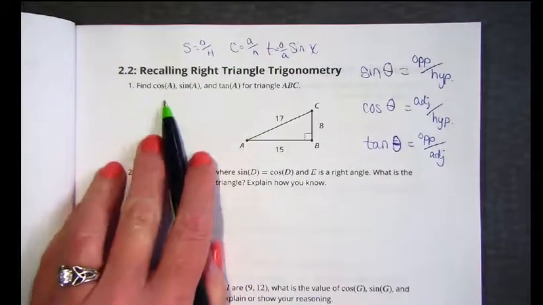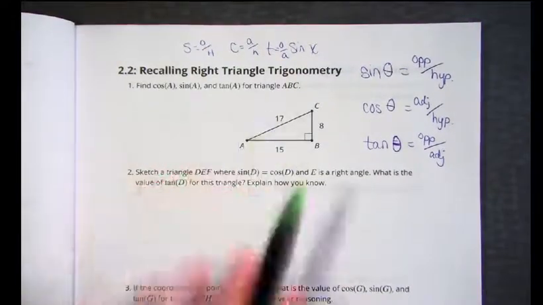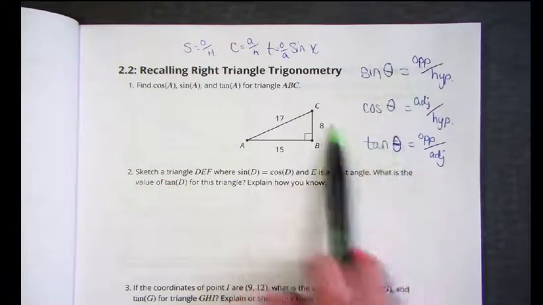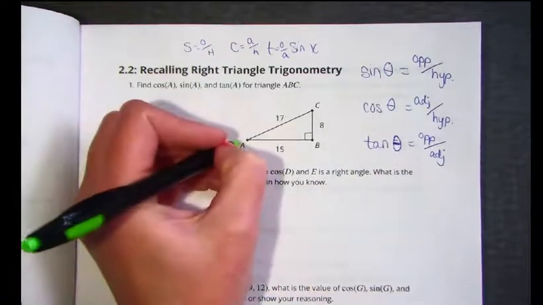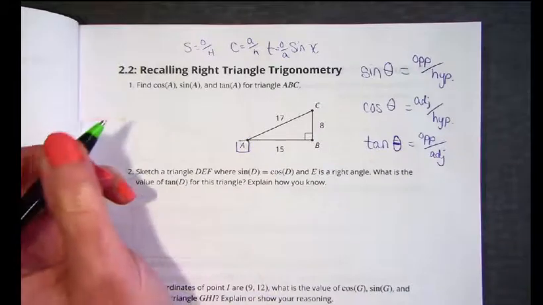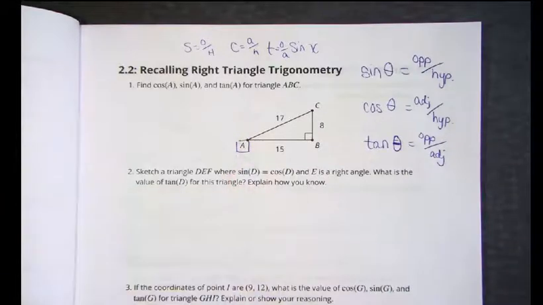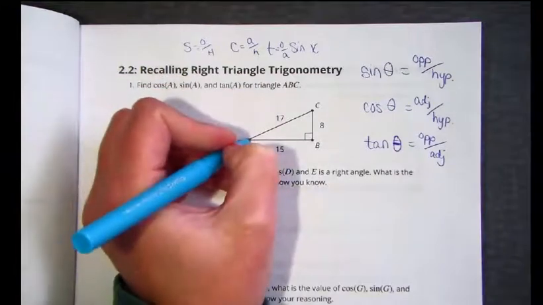We need to find the cosine of A, the sine of A, and the tangent of A. So I'm going to use this information right here. We have angle A here. In your math class before, you probably started with just naming those different sides.